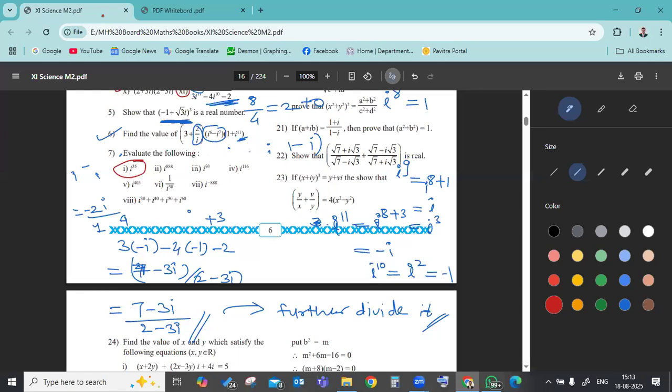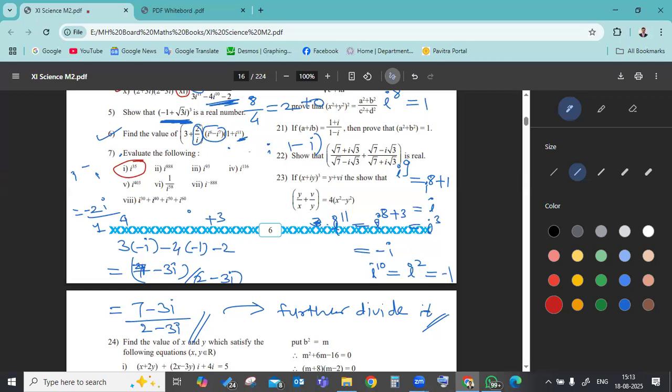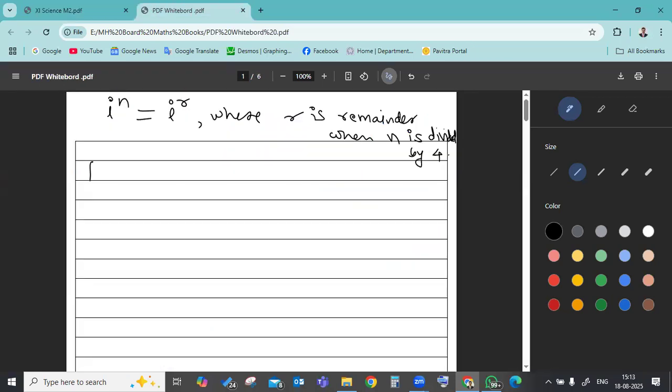You just do these calculations in your notebook and tell me using this formula: I raised to n is equal to I raised to r, where r is the remainder when n is divided by 4. I raised to 35, so n is equal to 35.